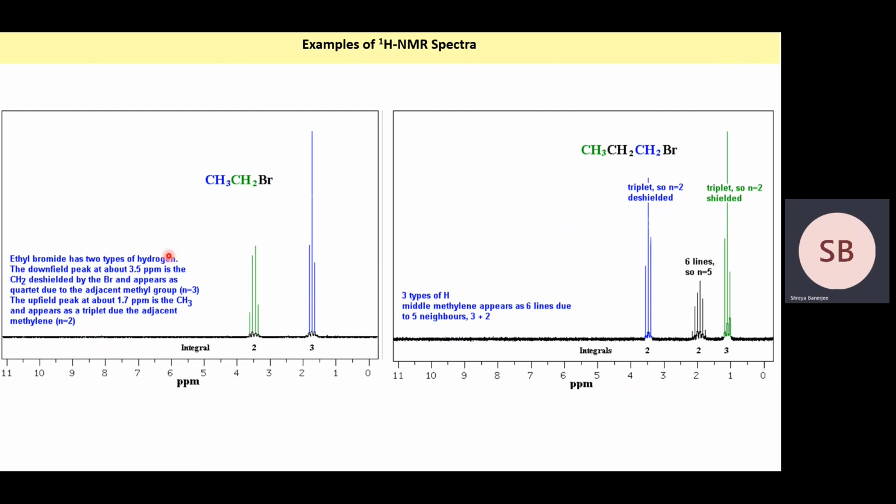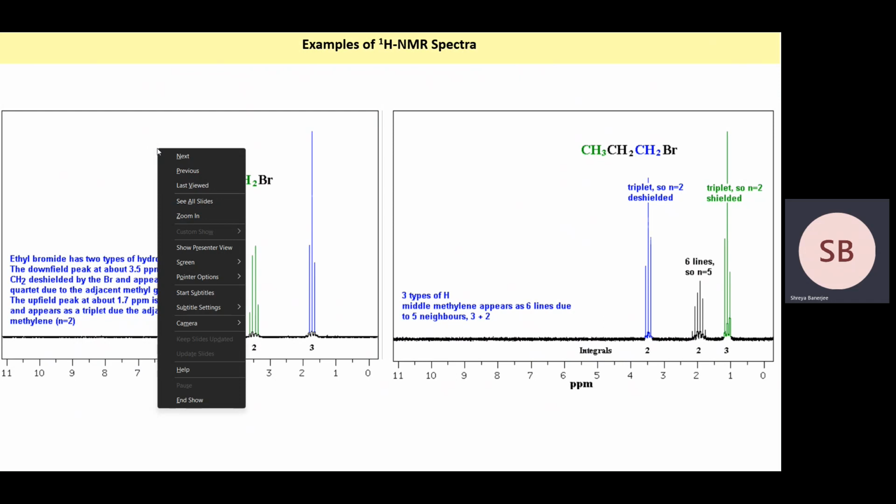Now, if we look at the splitting of peaks due to spin-spin coupling, we can see that in ethyl bromide, there are two kinds of hydrogens. So there are two peaks shown by blue and green. Now, the green CH2 will be more de-shielded, since it is directly attached to the electronegative bromine. So the green CH2 has higher ppm values. Now, the green CH2 has a CH3 with 3 equivalent hydrogens attached to it.